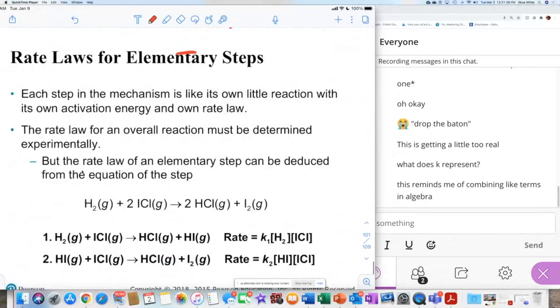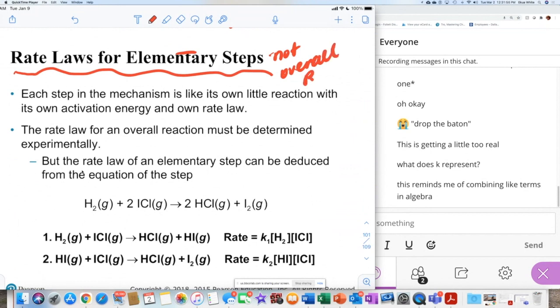Okay, now that we know that, we're going to be practicing our own rate law writing. So we're going to be writing rate law for elementary steps. Remember, you can only write rate law for elementary steps, not overall. You cannot write a rate law for overall reaction, right? But you could do it for elementary step.